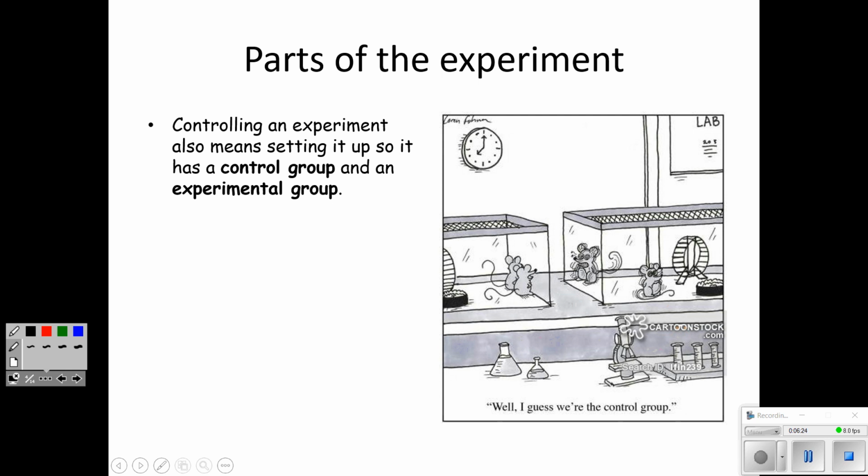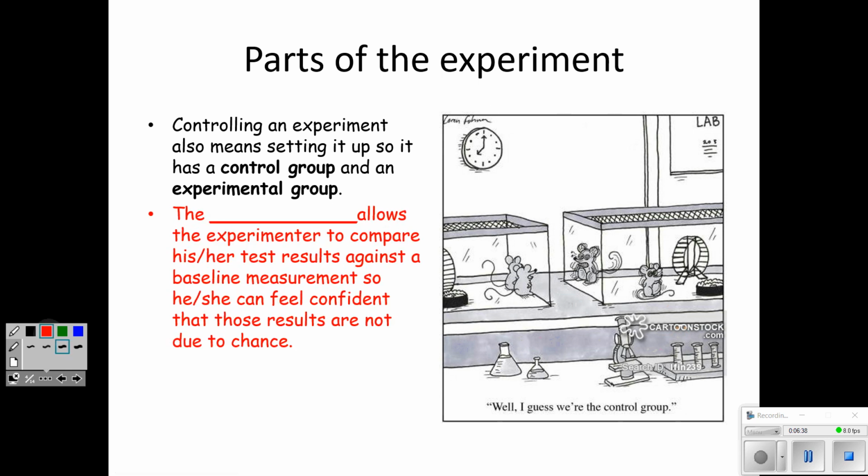The control group is the other one. It is the group that is being set aside to compare the experimental group to. So if you're looking at right here, your cartoon, and it says, well, I guess we're the control group, you can speculate with this cartoon that these two mice are a part of your experimental group, because they obviously got whatever the scientist is testing.